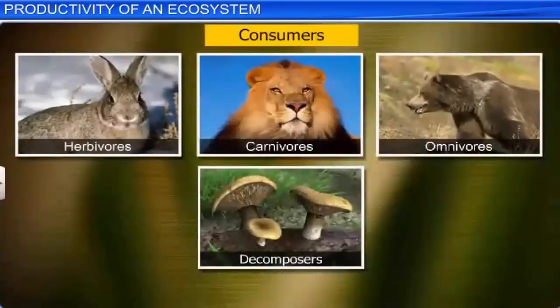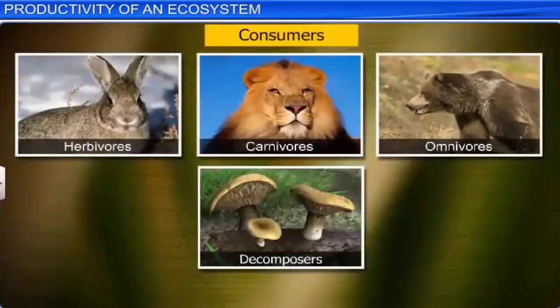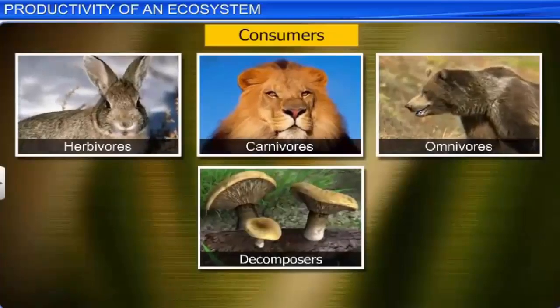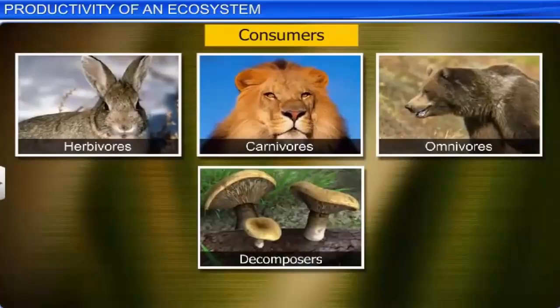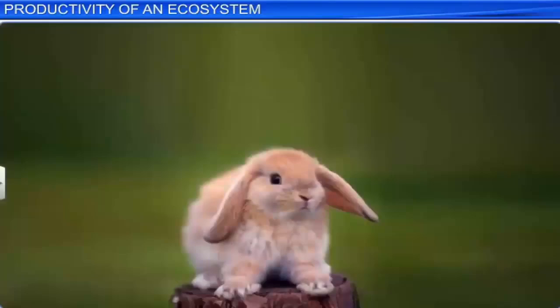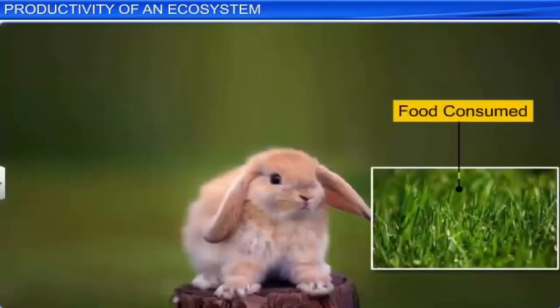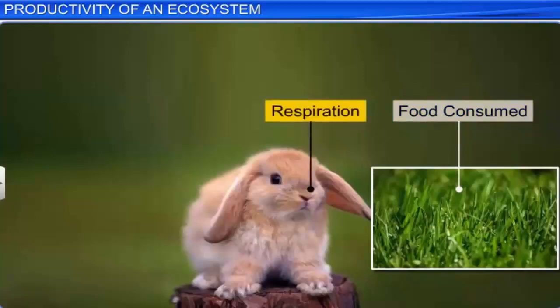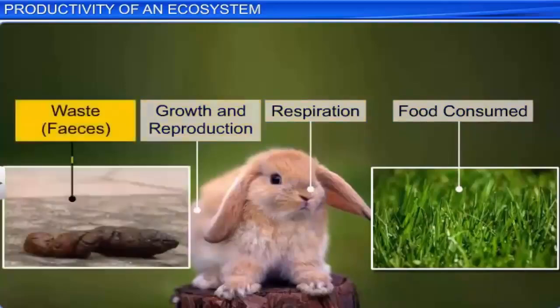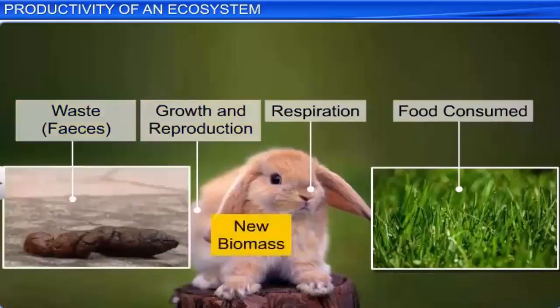The rate of formation of biomass by consumers, or the amount of biomass formed per unit area and time by consumers, is called secondary productivity. A part of the food consumed by heterotrophs is assimilated and is used for various metabolic activities such as respiration, growth, and reproduction, and the remaining is stored as biomass.